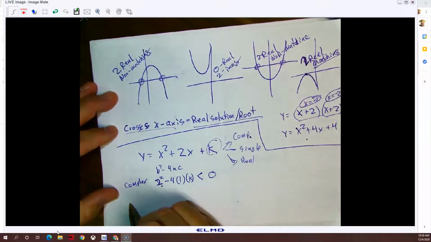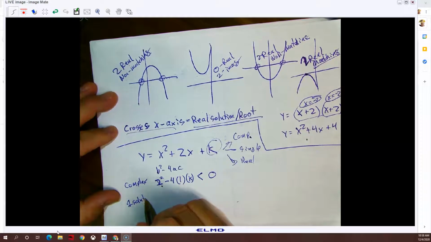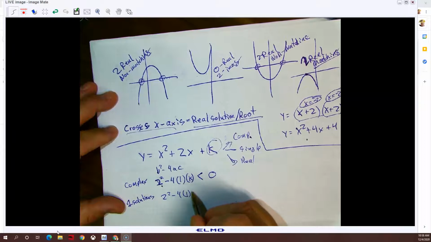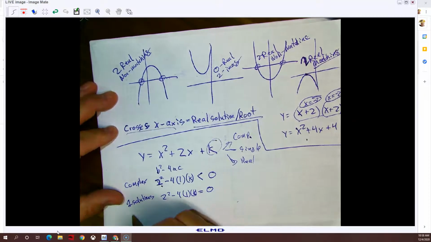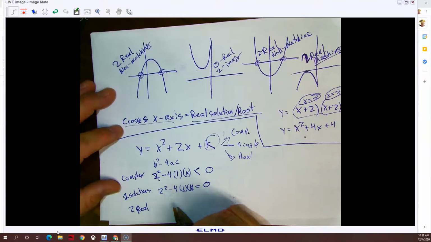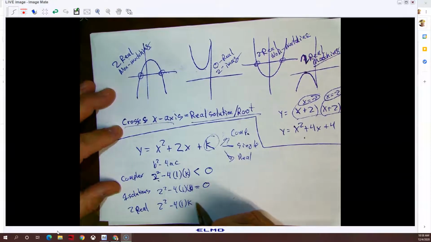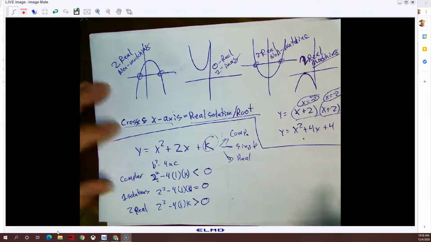We know that we could get exactly 1 solution, or 2 matching real solutions, if 2 squared minus 4 times 1 times k equals 0. Or if I wanted 2 real solutions, I would simply say 2 squared minus 4 times 1 times k has to be greater than 0.